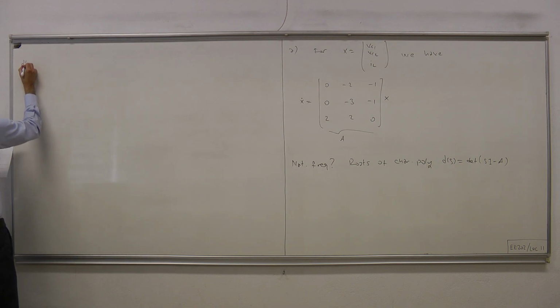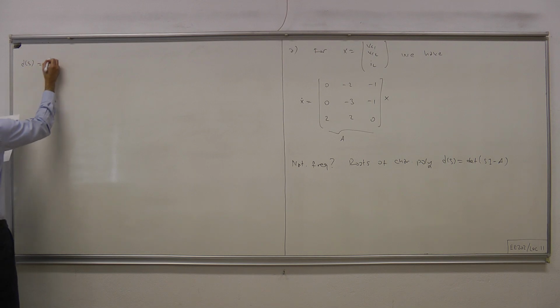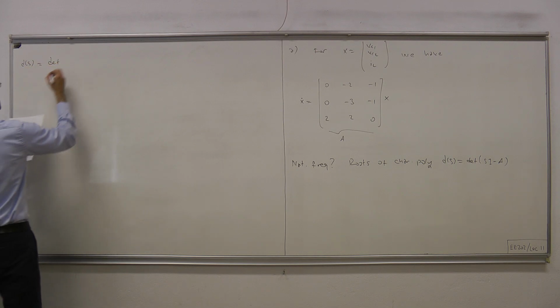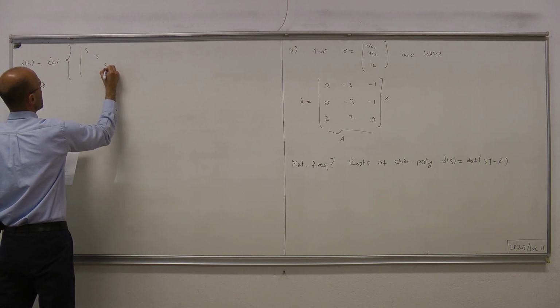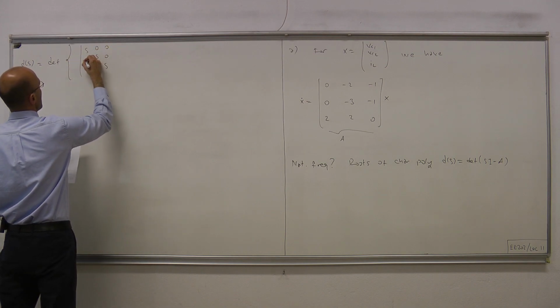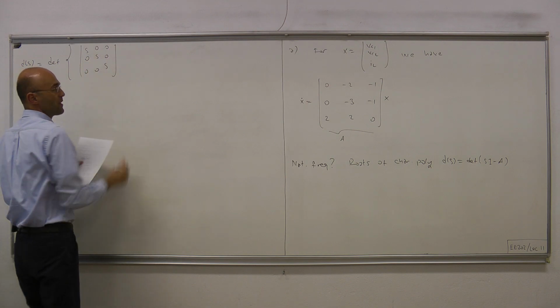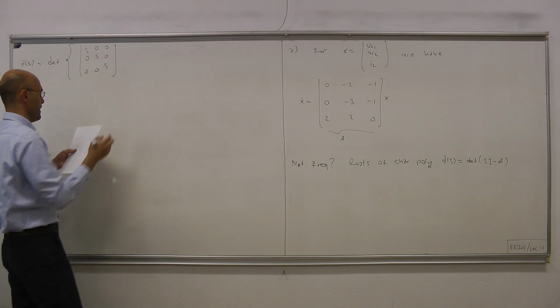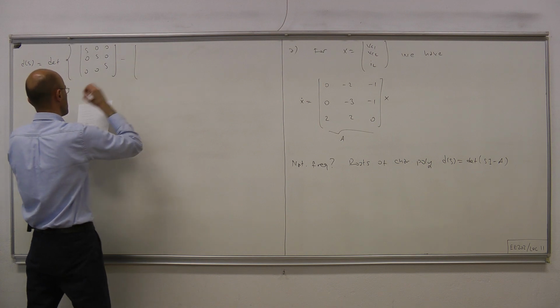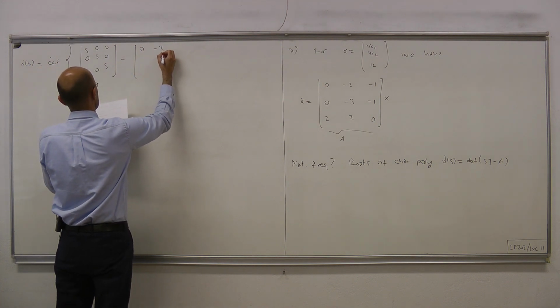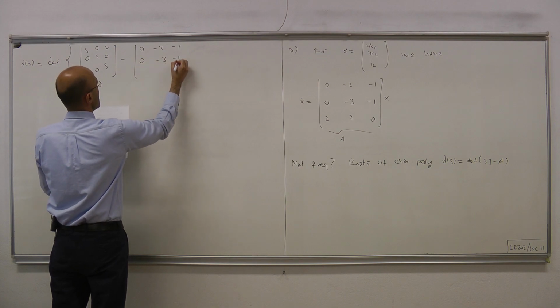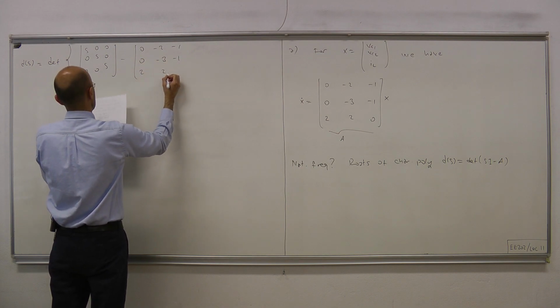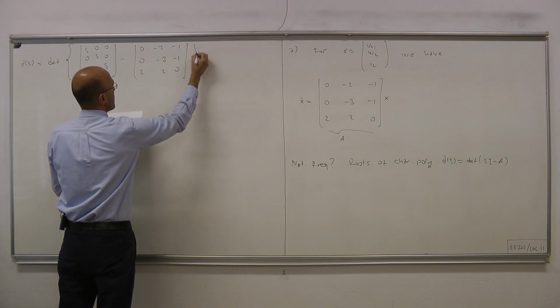Okay, the characteristic polynomial is the determinant of sI, which is this diagonal matrix with s's in the diagonal, minus the A matrix: 0, minus 2, minus 1, 0, minus 3, minus 1, 2, 2, 0.